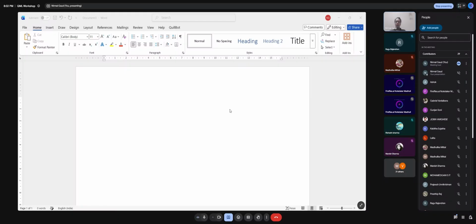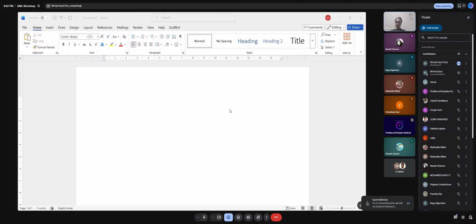Also, we are going to do a project using quantum machine learning concepts and see how we can apply those fundamentals, the mathematical equations of quantum, their behavior, and how they are assisting machine learning.